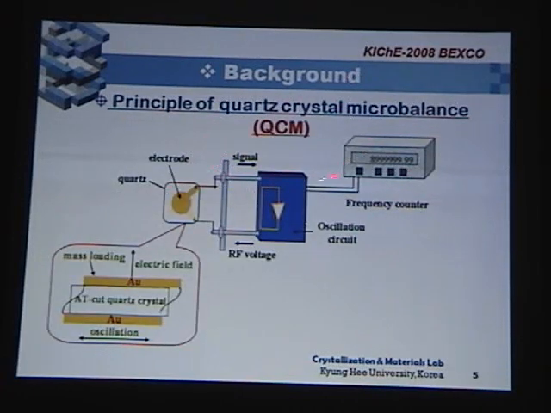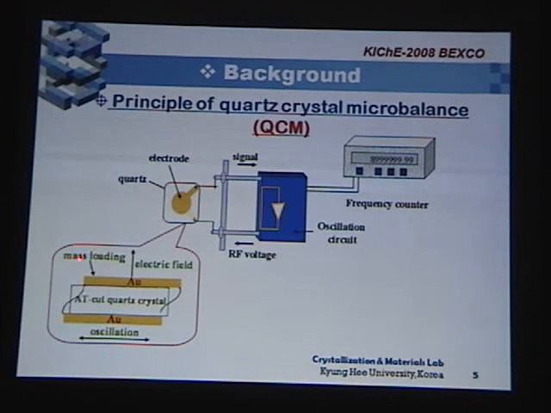QCM is a newly developed chiral recognition method. The QCM detection device is composed of a QCM sensor, an oscillator, and a frequency counter. The QCM sensor is composed of an AT-cut quartz crystal and two thin layers of gold or platinum coated on it.